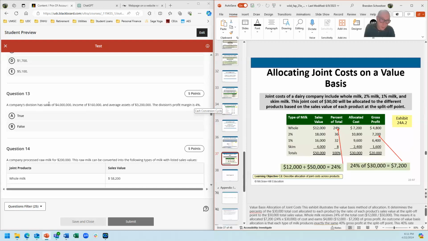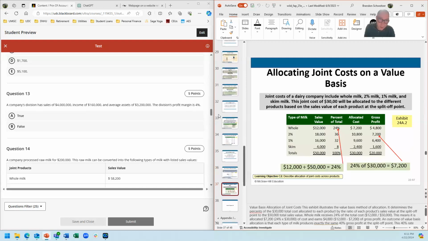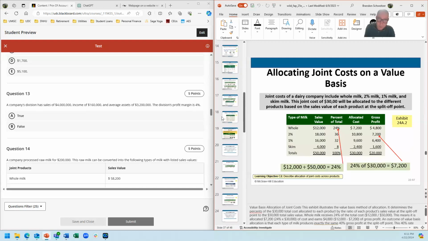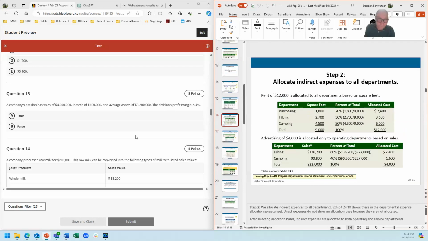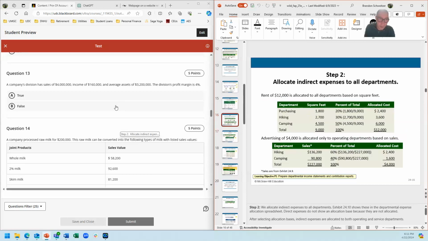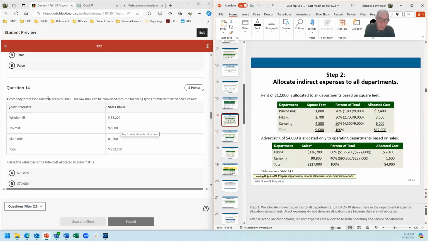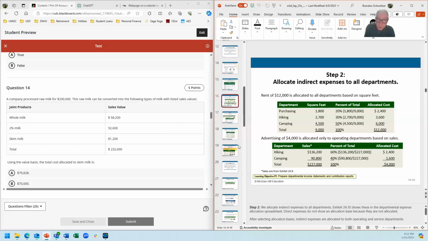Question 13, division sales. So that's going to be way up here when we talked about the different departments. That'll help you answer question 13. 14, conversion. This is the further processing. Question 14.